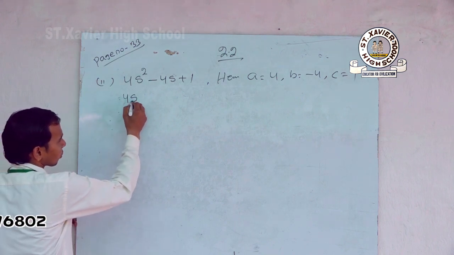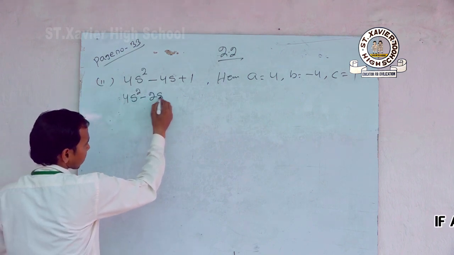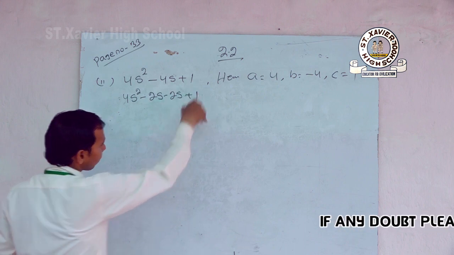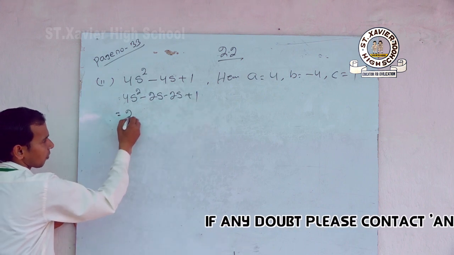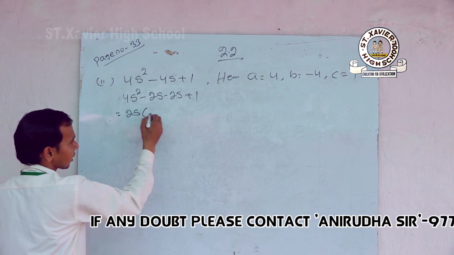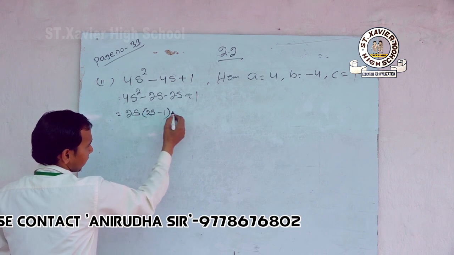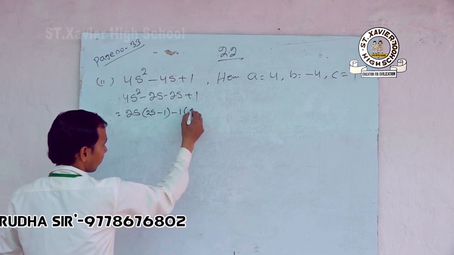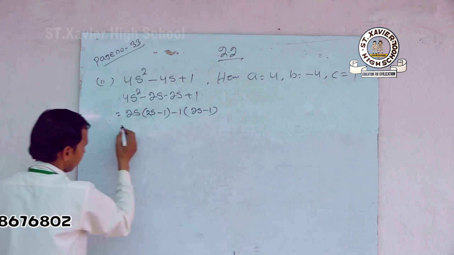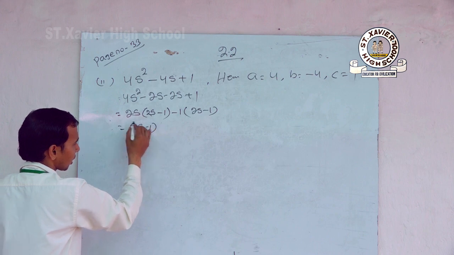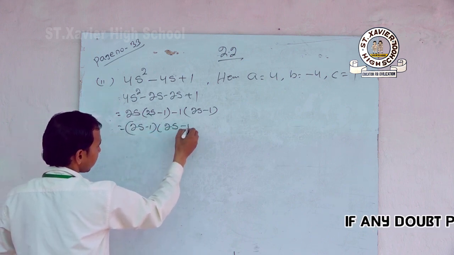Then 4s square minus 2s minus 2s plus 1. From the first two terms we take 2s common, and after taking 2s common you get 2s minus 1. Then from the last two terms -1 common, 2s minus 1. After taking 2s minus 1 common from both, you get 2s minus 1 times 2s minus 1.